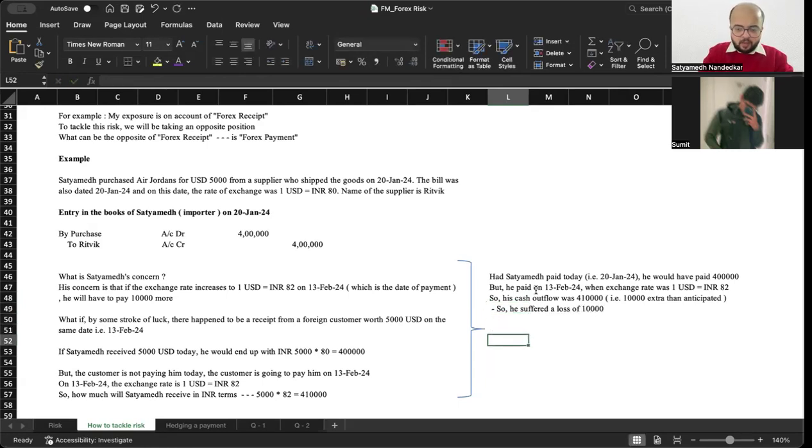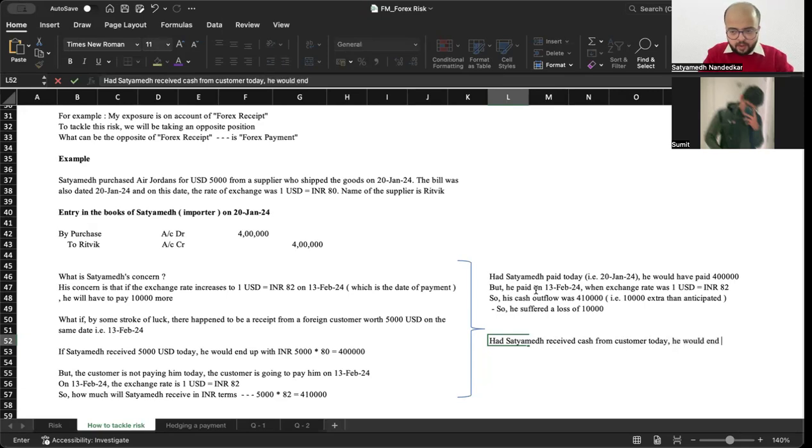Now, had Satyamedh received cash from the customer today, he would end up with INR 4 lakh. But he waited to collect cash till 13th of Feb 24.